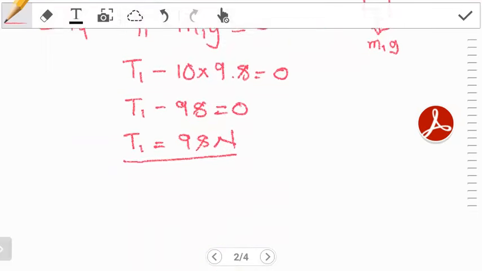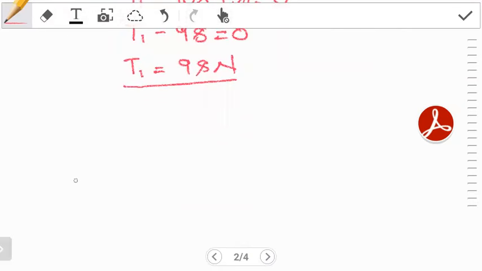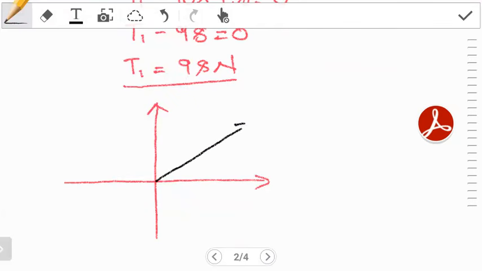So how does it look? Basically, you have the x-axis going this side, the y-axis going up, and then from here, what we have is T1 going in this direction, T2 going there, and lastly, the weight of M2 going down.